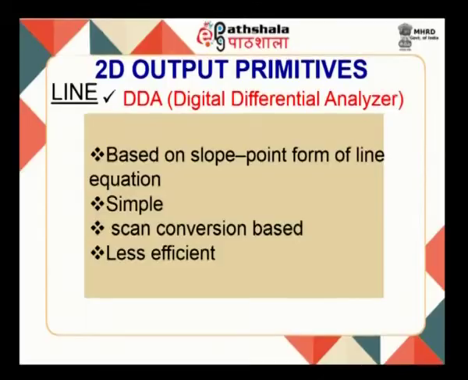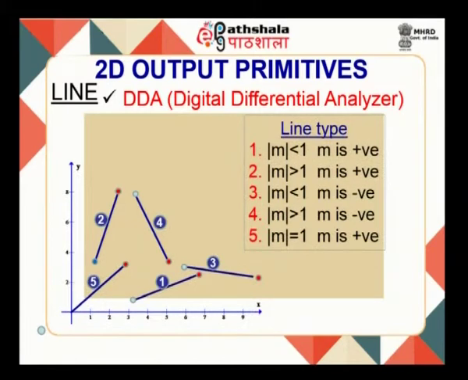The hardware that does this is the display processor. If you recollect the discussion of the previous session, you would appreciate all this. The unfortunate drawback of this procedure is that it is less efficient, as we will note. So, let us start with this DDA line drawing procedure.